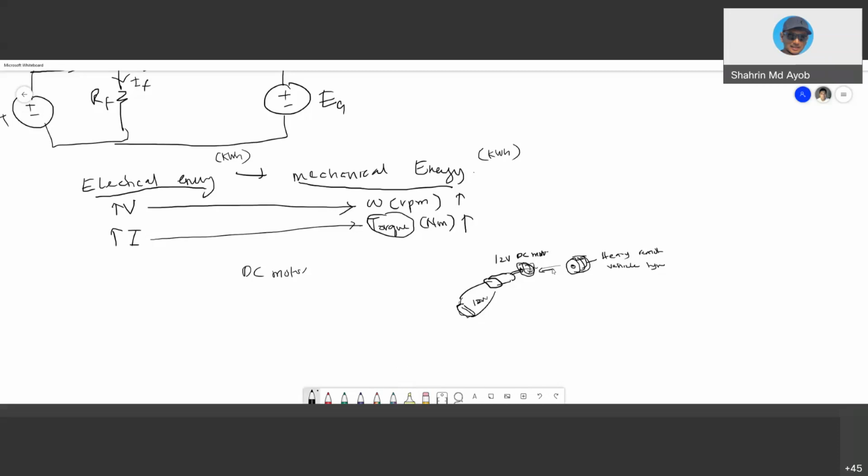In order to accelerate, to make the rotation faster, you need to increase the current.